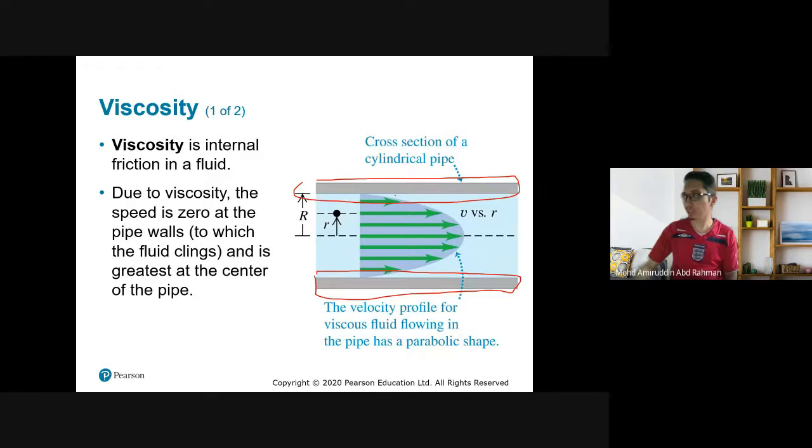So you can see that this is the speed, and let's say this is your R, the radius from the center. You can see that the speed will be greatest at the middle of the pipe.